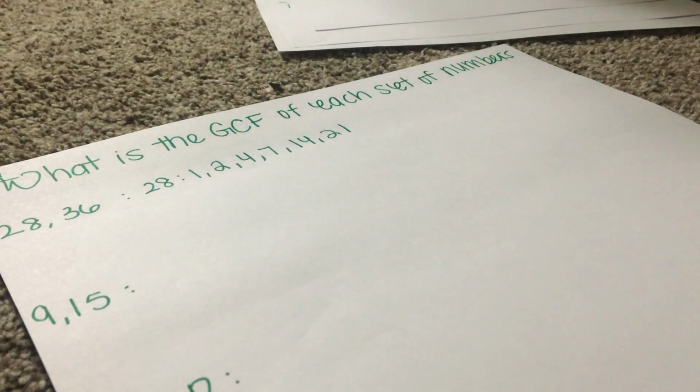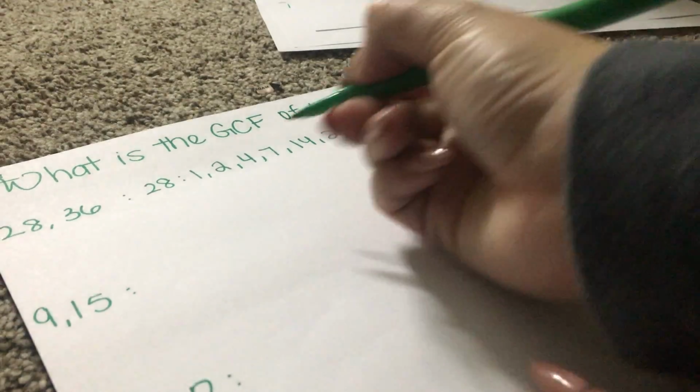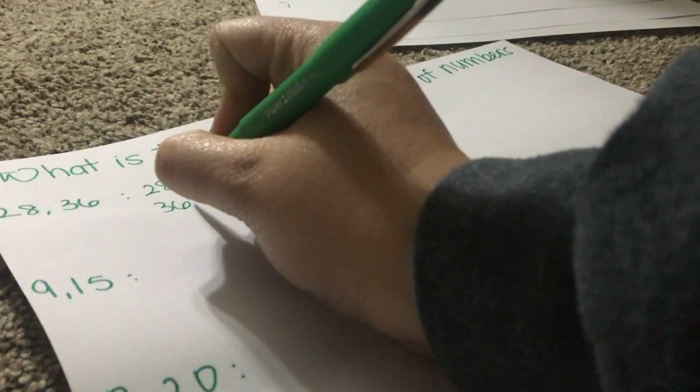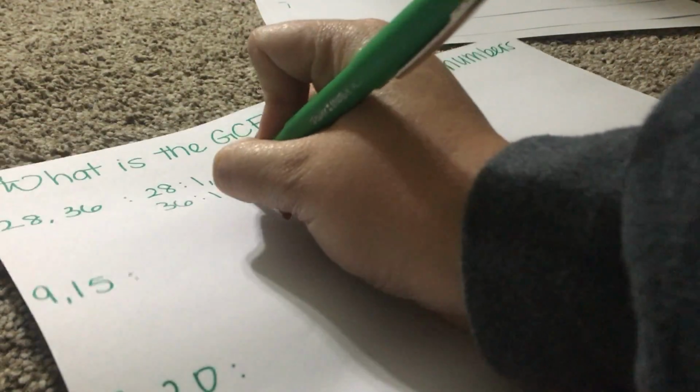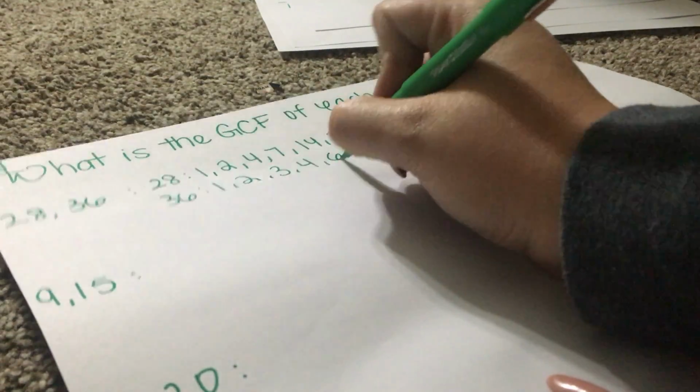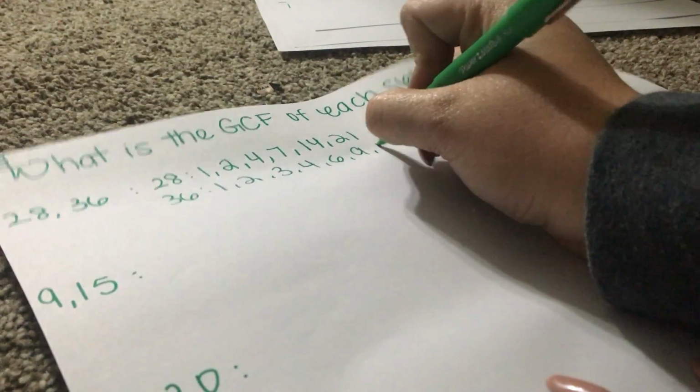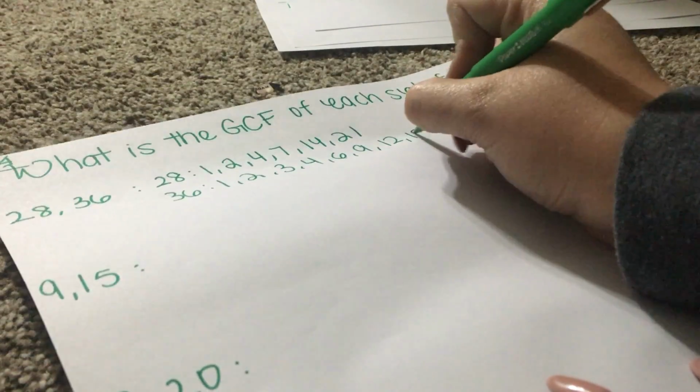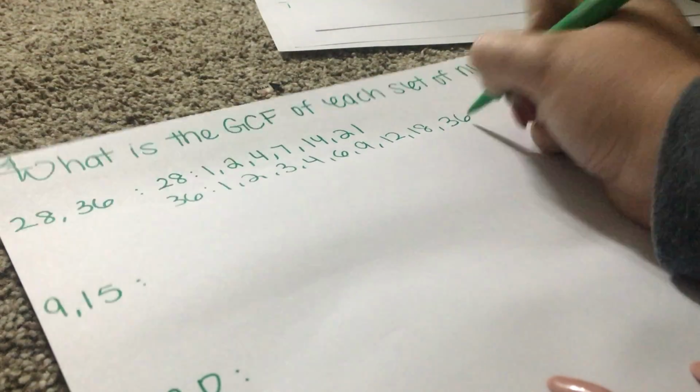When you multiply, they equal 28. And for 36, we have 1, 2, 3, 4, 6, 9, 12, 18, and 36.